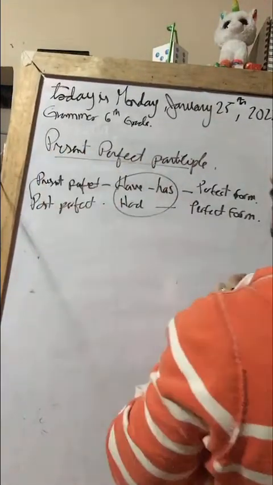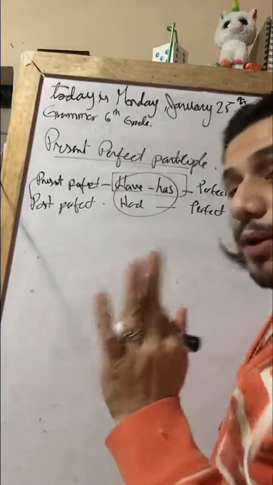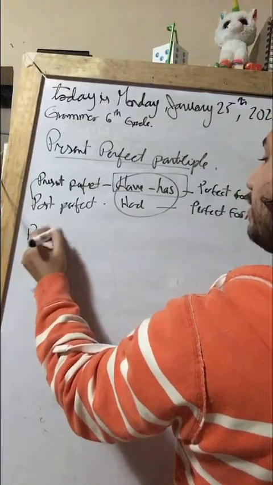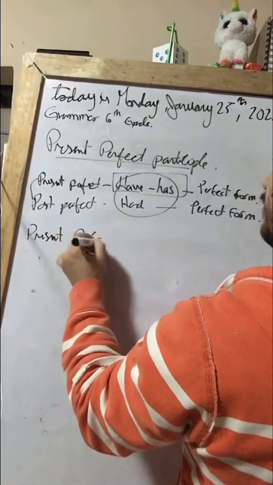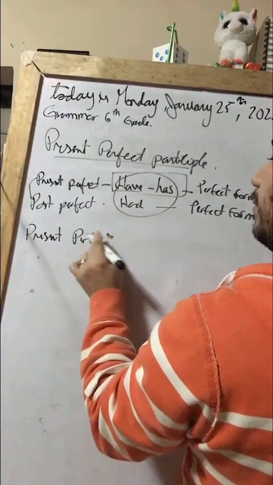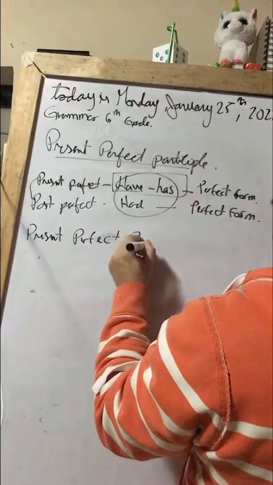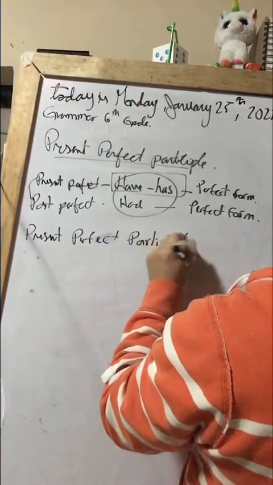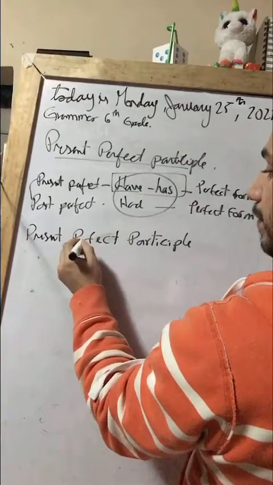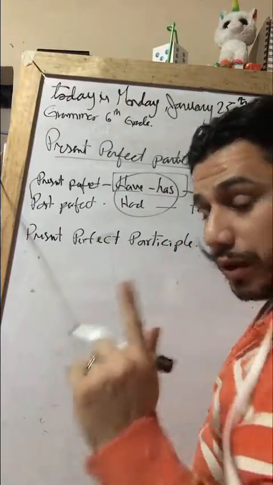So, these two have this in common. But the present perfect participle has something in common with the present perfect, but you have to add a word. So, for the present perfect participle, okay, you will use some auxiliaries, not one but two.